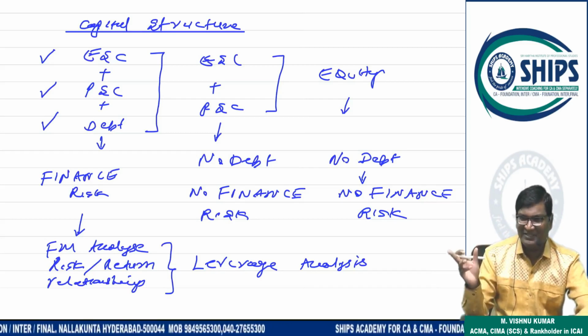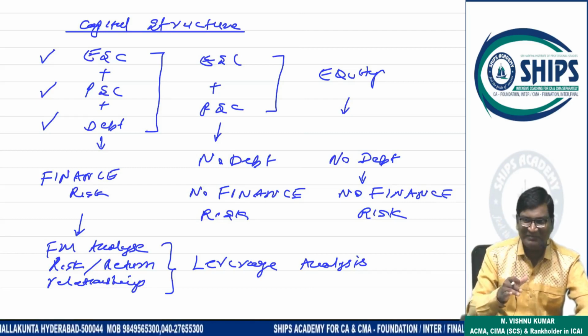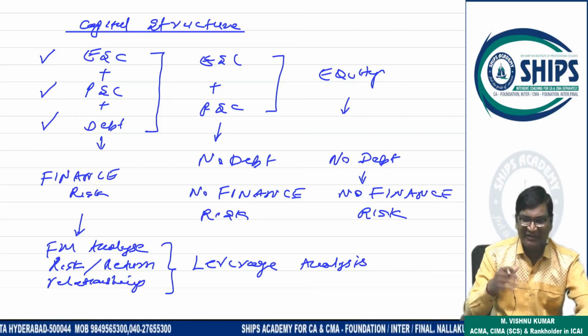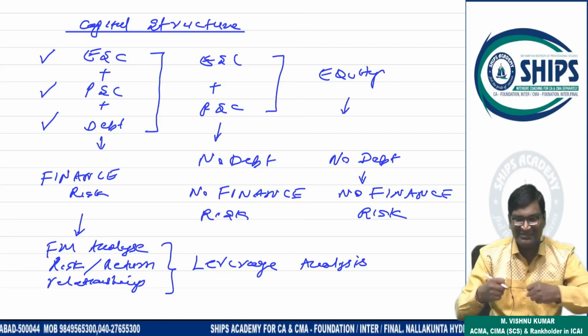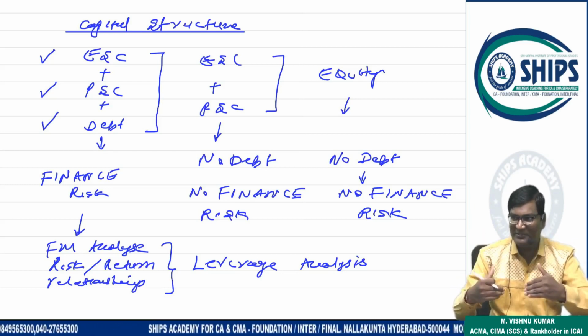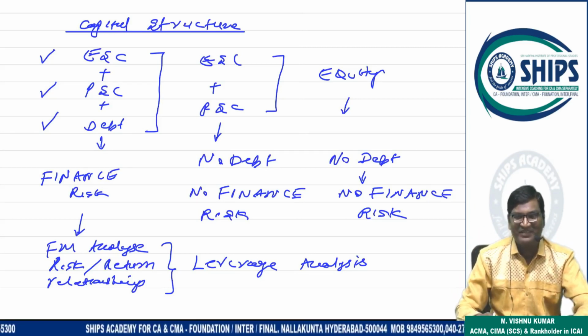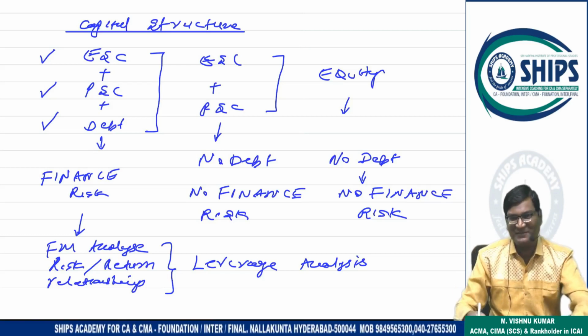After writing the examination, risk return will not be analyzed. Before only. The finance manager will not analyze risk return after raising the amount through debentures. Before raising the amount through debentures, we will analyze. After raising, we compulsorily have to pay the interest.